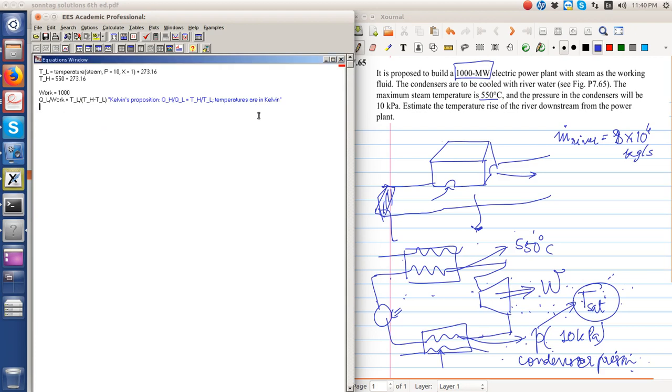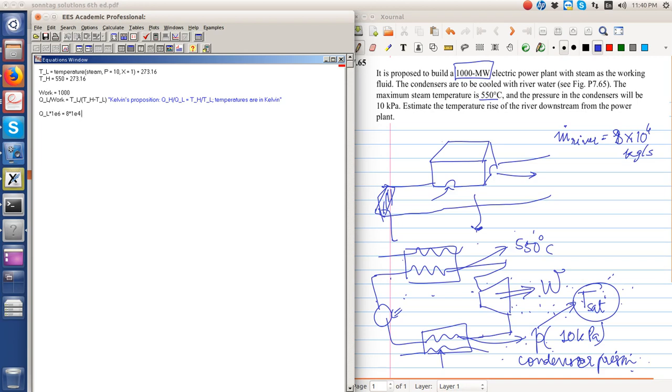So now the amount of heat transferred is equal to the mass flow rate, which is 8 into 1e4. Because this is in megawatt, let me multiply by 1e6 to convert it into watt.